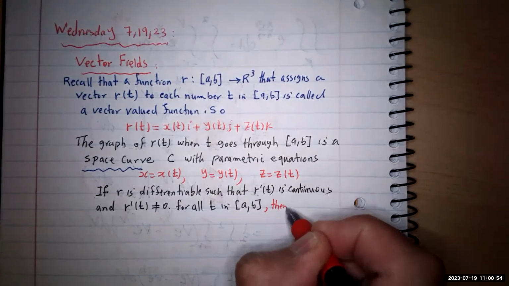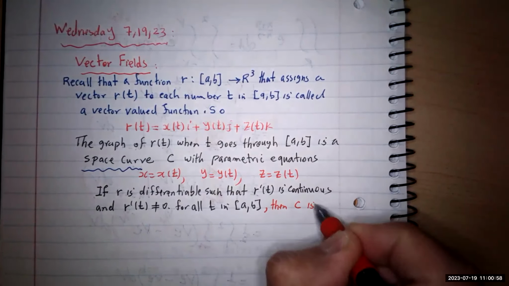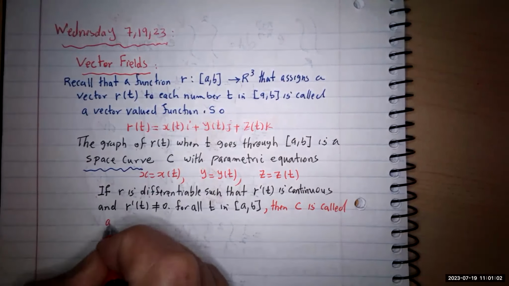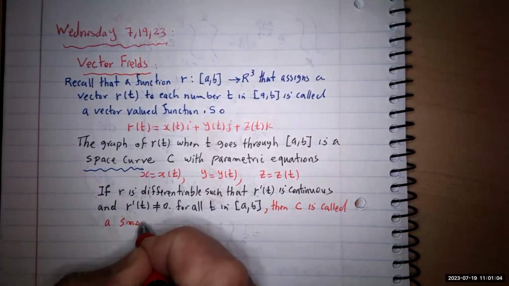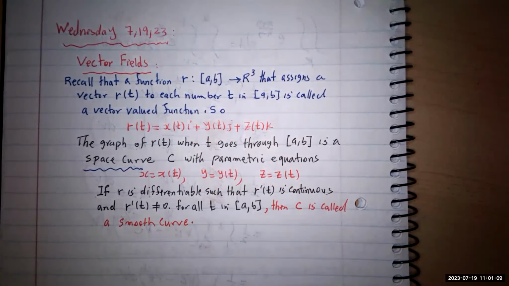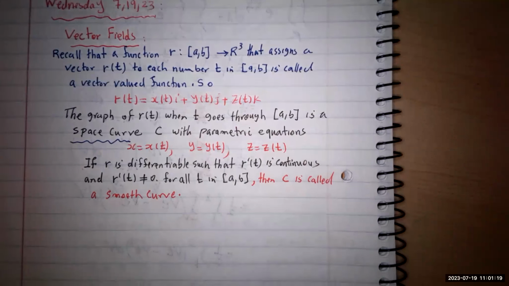It's going to be smooth all through this chapter. C is going to be called a smooth curve. So when we say a smooth curve, you should know that this is what we are talking about. So this is the first group of functions that we're interested in.